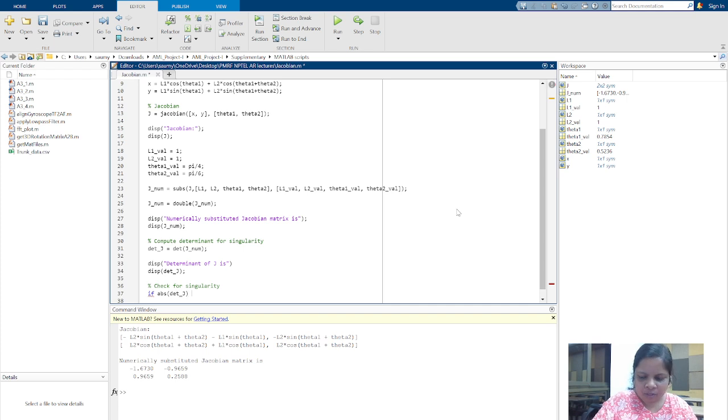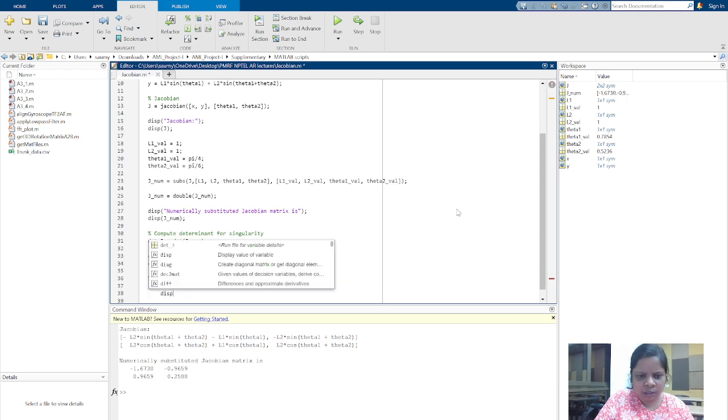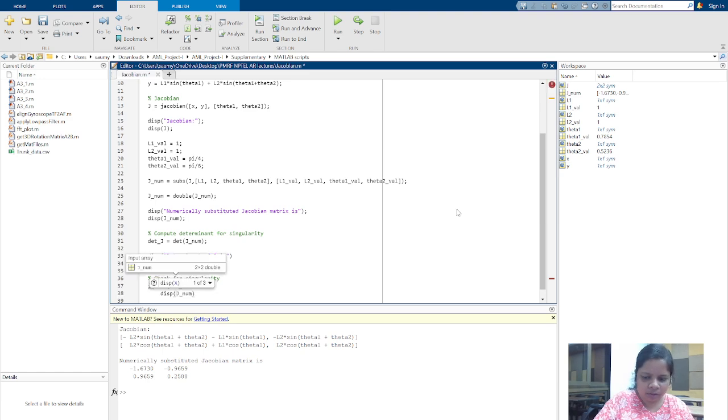is, if I am wrong anywhere, please tell me, less than e to the power minus 6 or 10 to the power minus 6, I want to display: the manipulator is in a singular configuration.